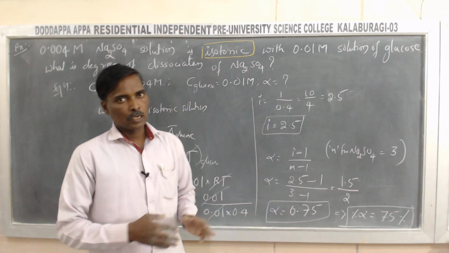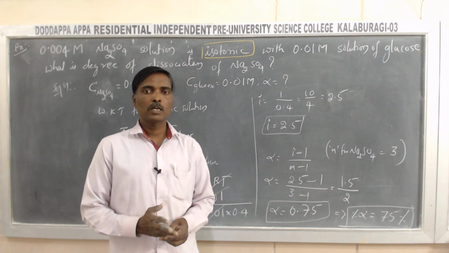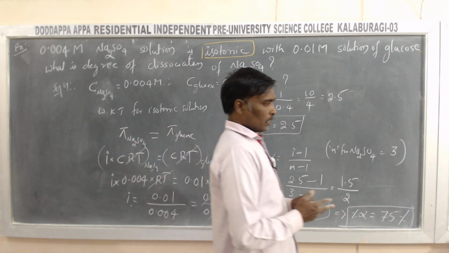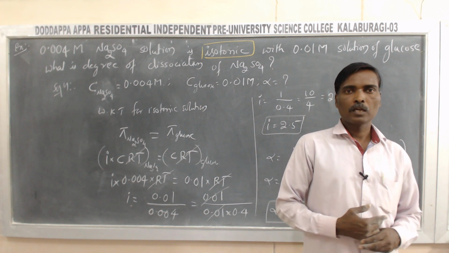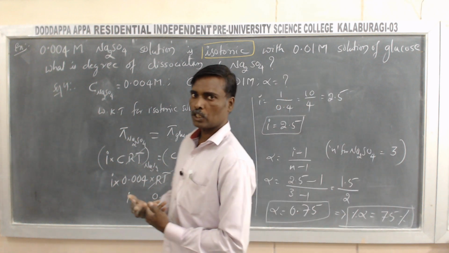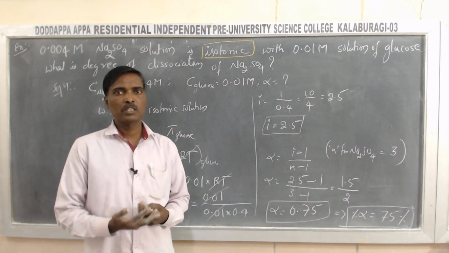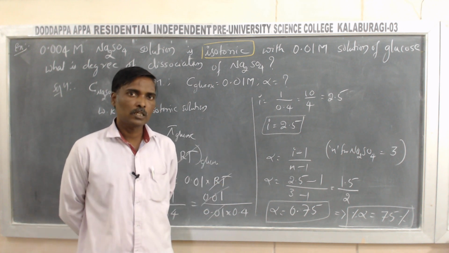Before that, we calculated concentration of solutions using units like molarity, normality, mole fraction, mass percentage, volume percentage, ppm. So there are 8 units we use to calculate concentrations.